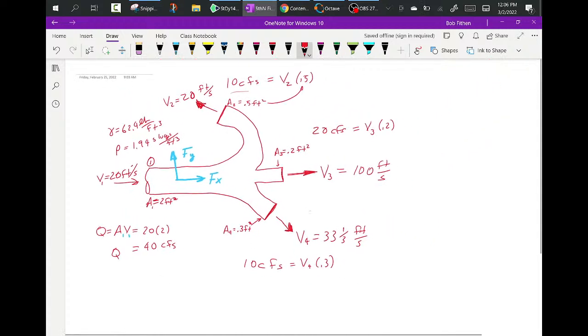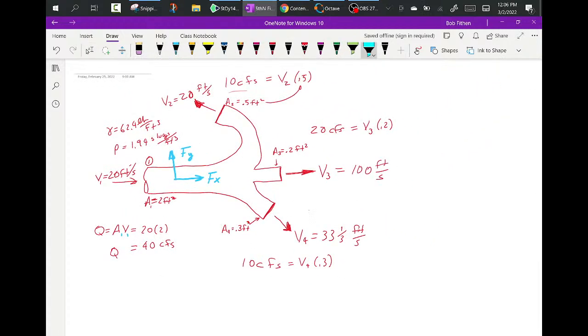So let me designate or go in and say we've got this one, this one, this one. Here's your area, here's your area, here's your area, here's this one, and here's your area.